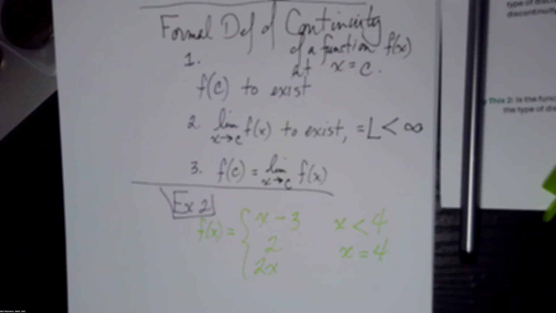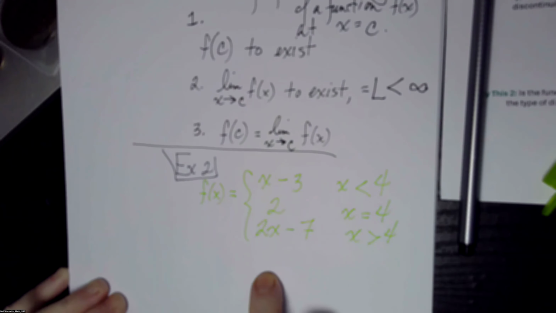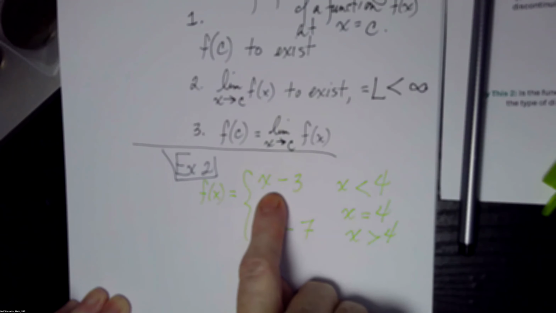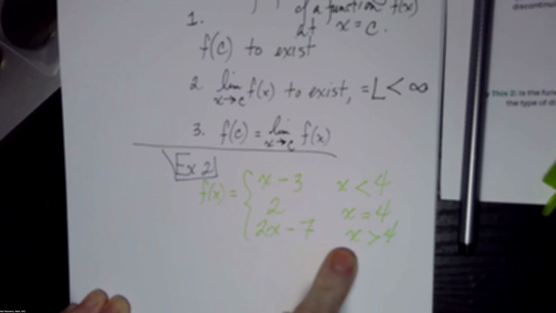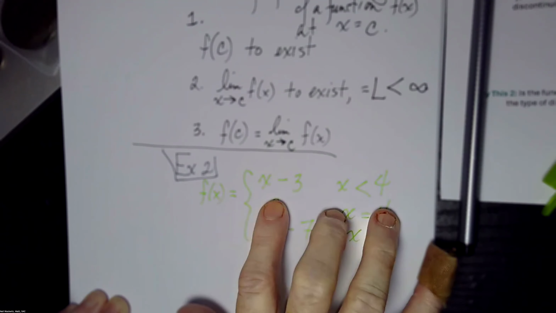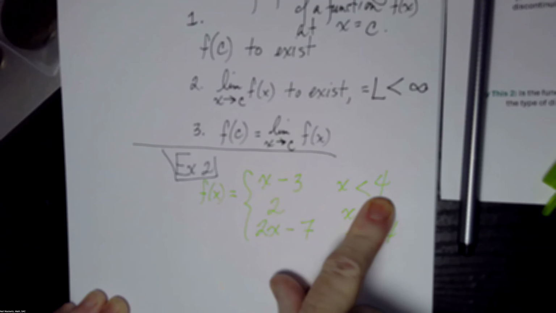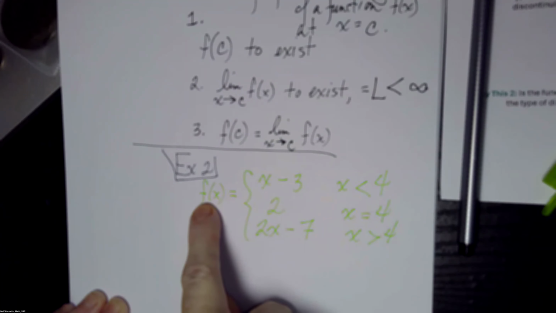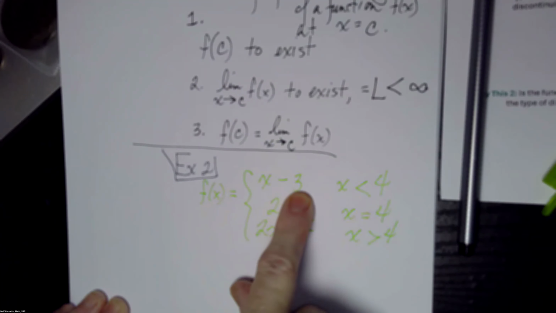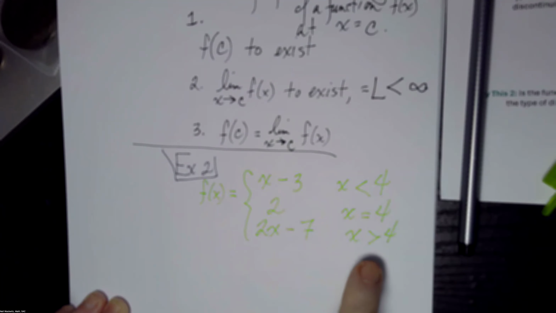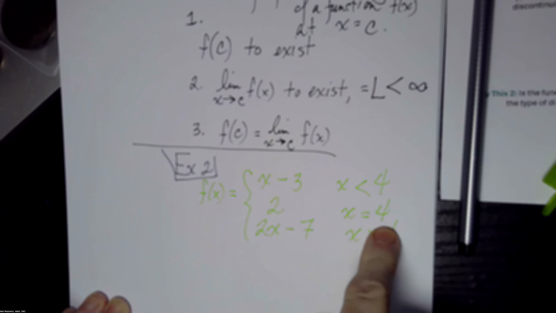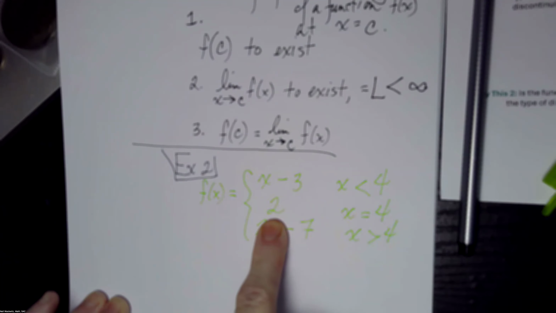So we have 3 parts of f of x, and the 2 big parts are straight lines. If x is below 4, we use f of x equals x minus 3. If x is above 4, we use f of x equals 2x minus 7. And right at 4, we use 2.